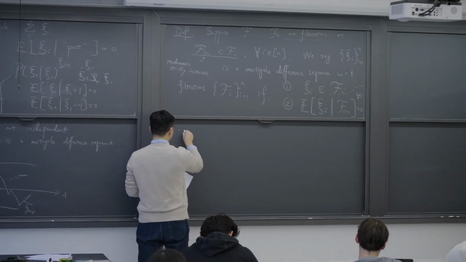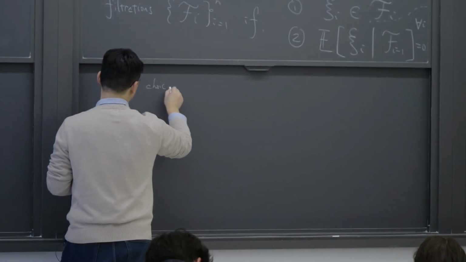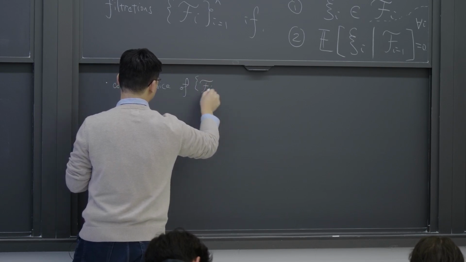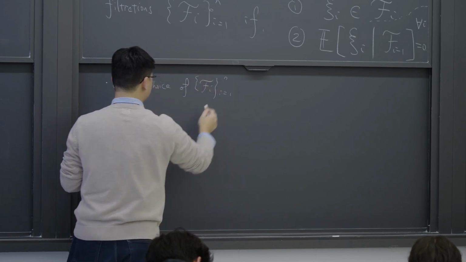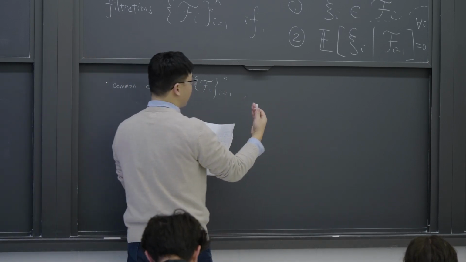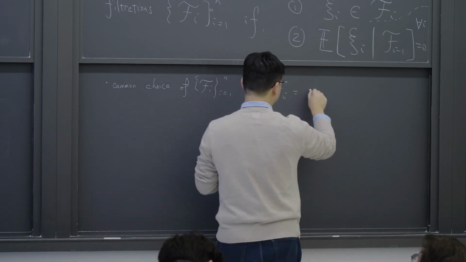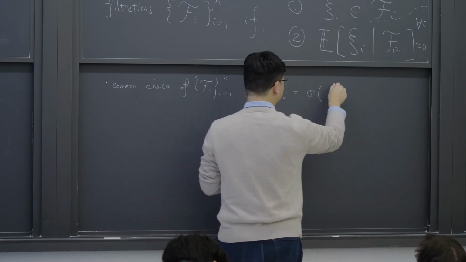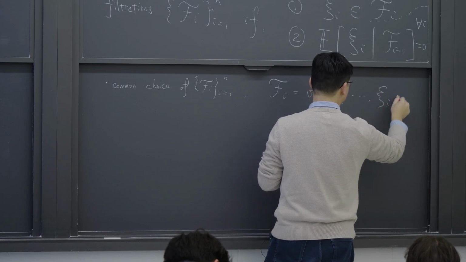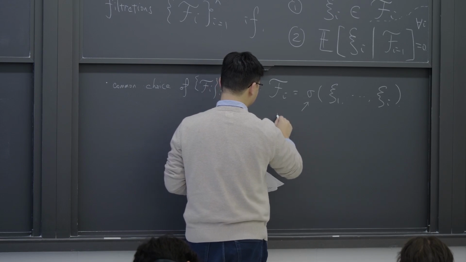So we will say the common choice of filtration. Okay, so this is not necessarily always the choice, but we say common choice, or to intuitively understand this, Fi will be chosen as the so-called sigma field of C1 to Ci. The mathematical definition is called a sigma field.